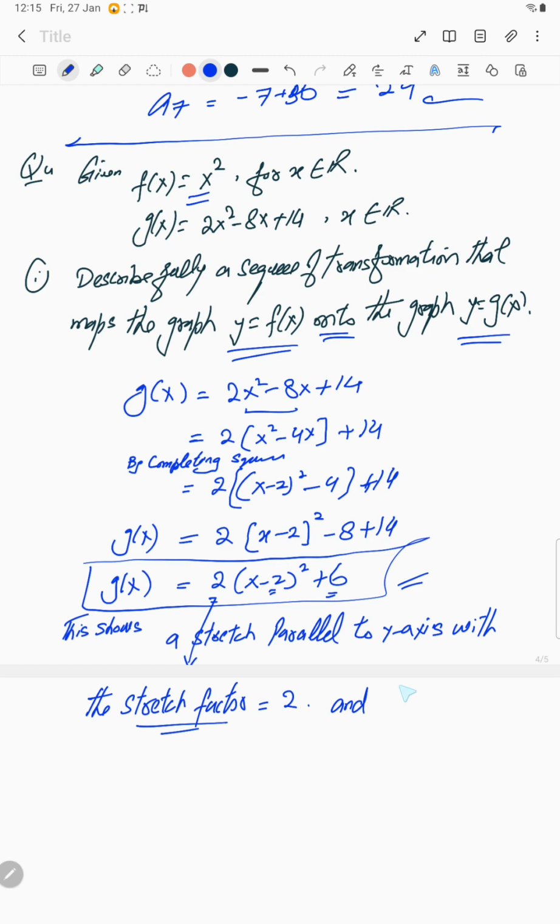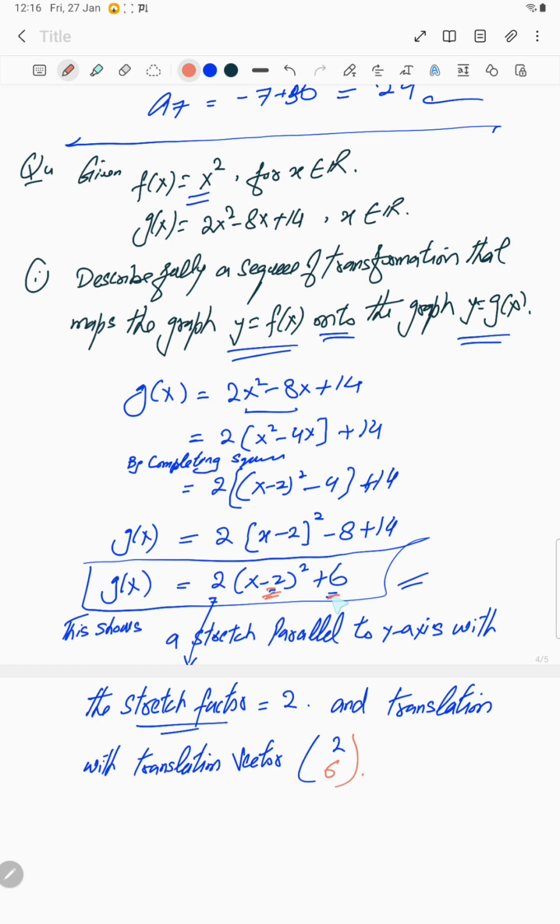So you can say, and translation, it means you are dragging the function, translation with translation vector 2 along the x-axis and plus 6 along the y-axis.